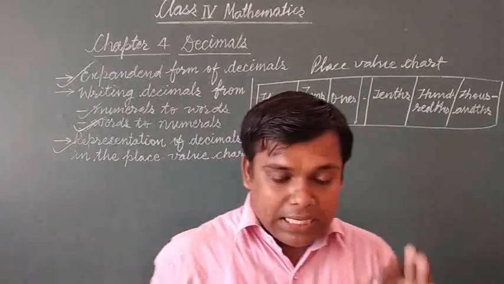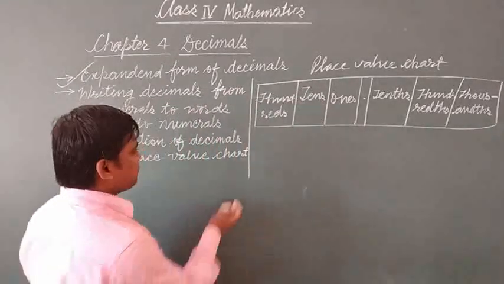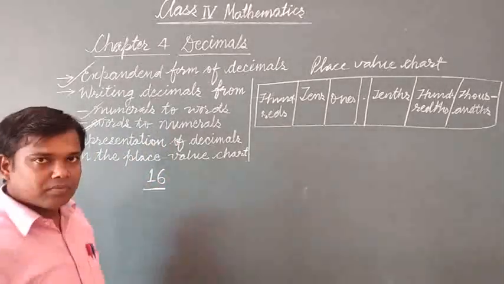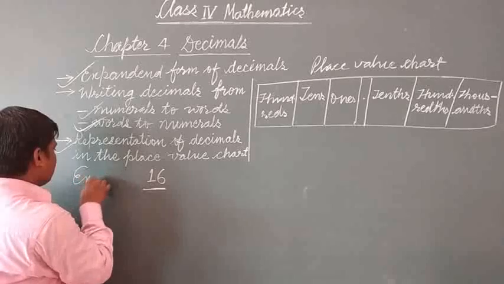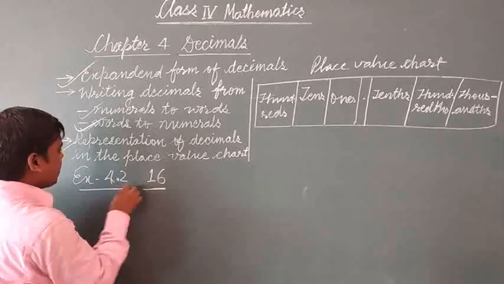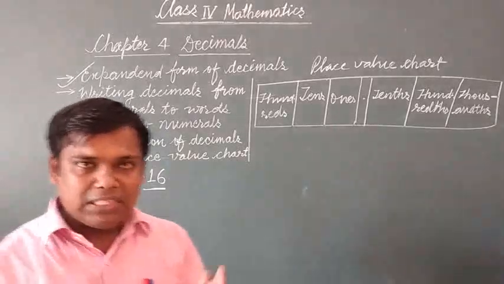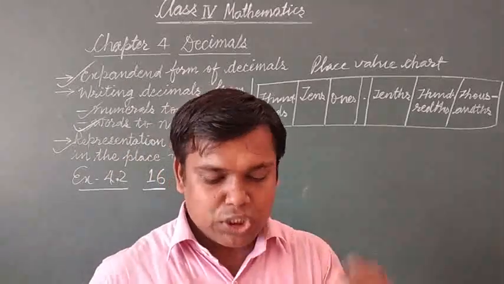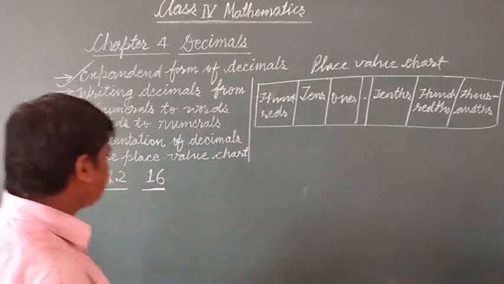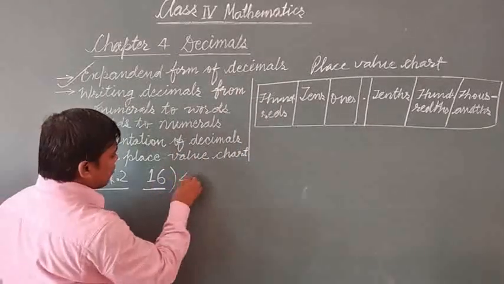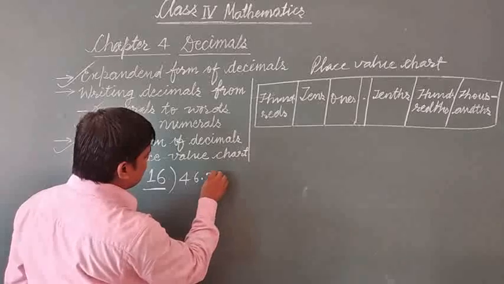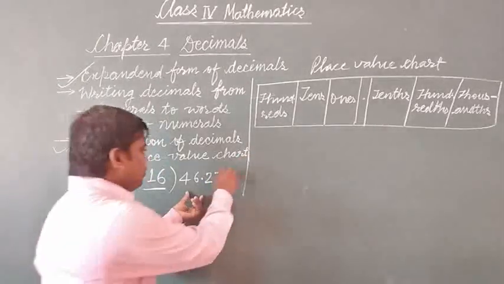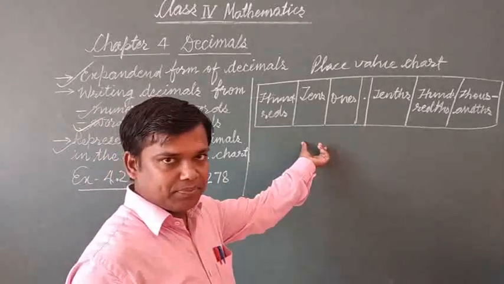Then we write the digits according to their places. Okay. In question number 16 of exercise 4.2 of your book, the number given to you is 46.278. You have to write this number into the place value chart.